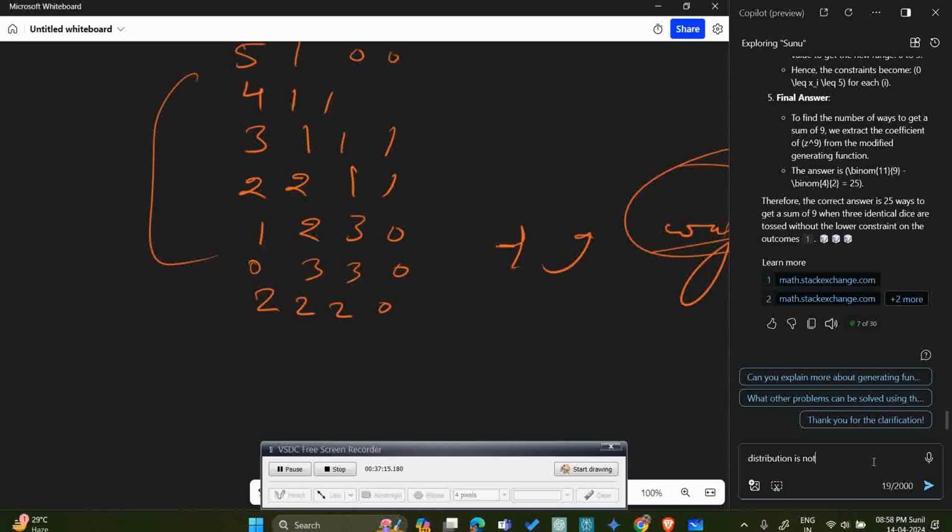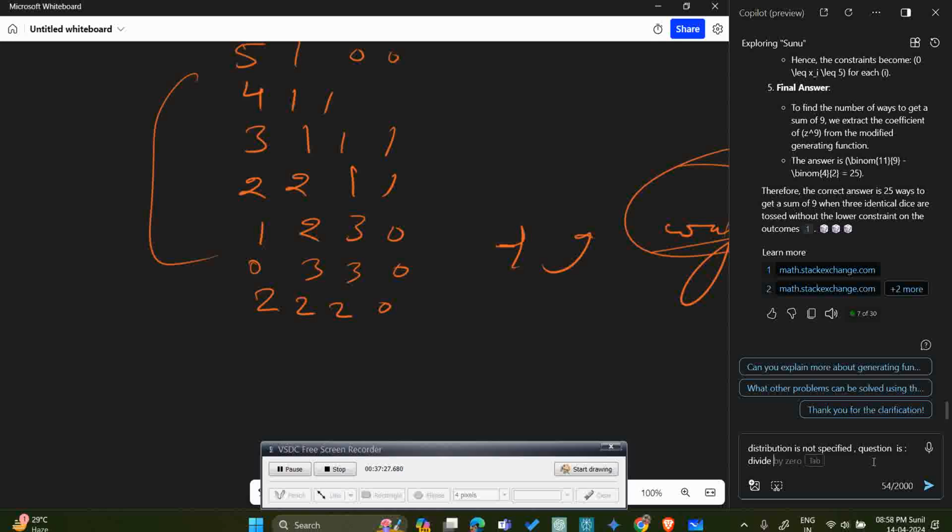Distribution is not specified. The question is: divide 4 toys into 3 groups.